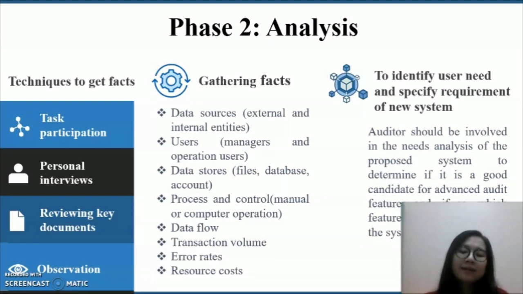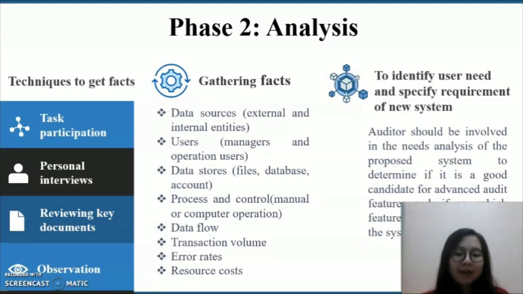The auditor will analyze the gathered facts and the recognition of the problem, presuming some understanding of the desired state. This analysis phase is to identify the user needs and specify the requirements of the new system.